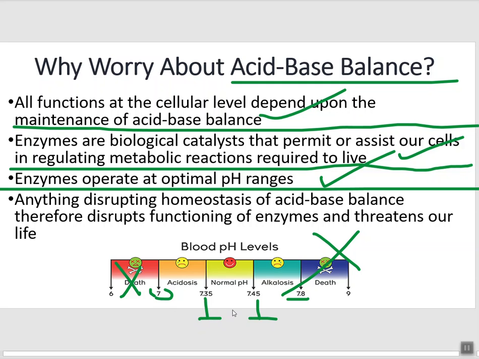That is an extremely narrow range. Now from 7.35 to 7, you're in acidosis, which means we've got to fix this or you're going down this way. Same thing with alkalosis, going this way. Too much hydrogen ions, not enough hydrogen ions. So decreased, increased.